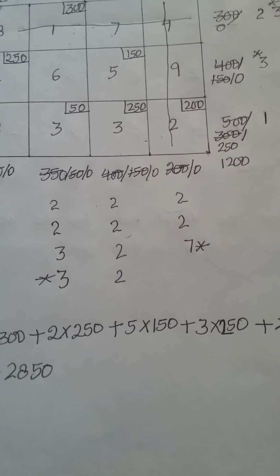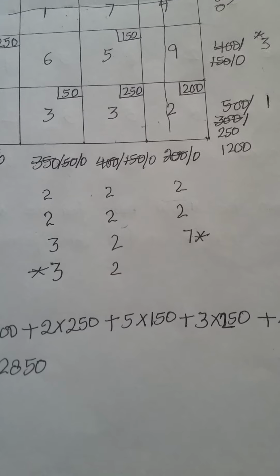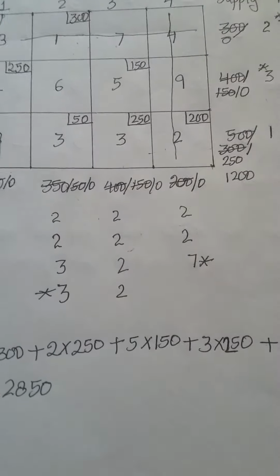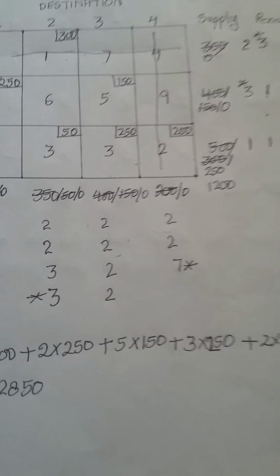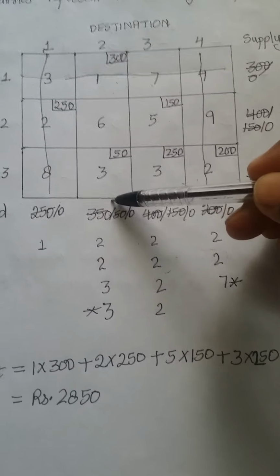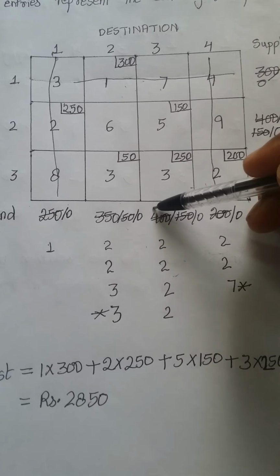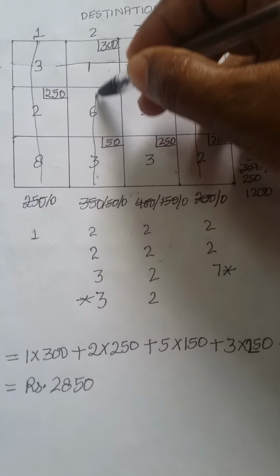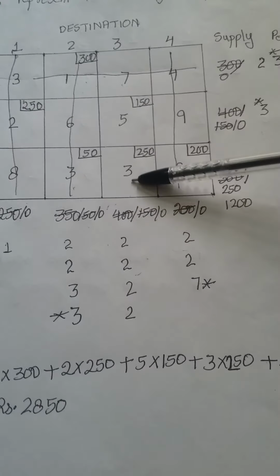You will make the allocation of 50 units in this cell. Now this has also become 0. So you can delete this column also, and out of these 2 you will now make the allocations.